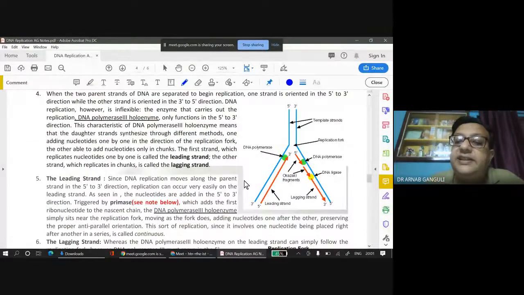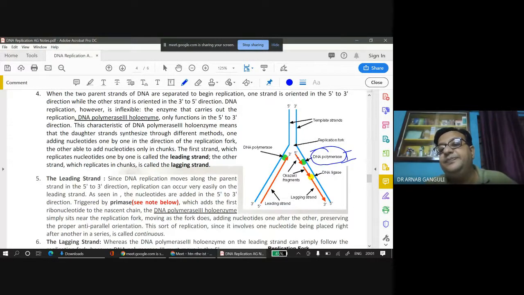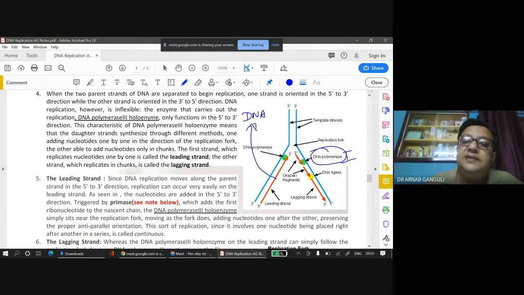And then these fragments are known as Okazaki fragments. এবারে these gaps are filled by DNA polymerase. This is the DNA polymerase 1. Main replication, this replication is done by DNA polymerase 3.